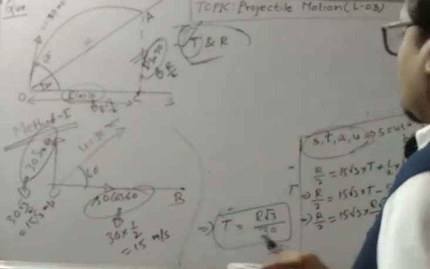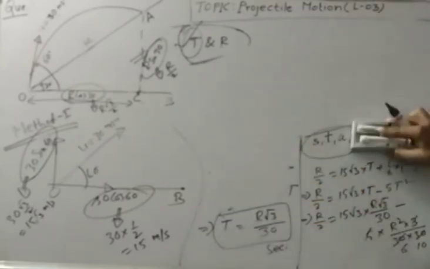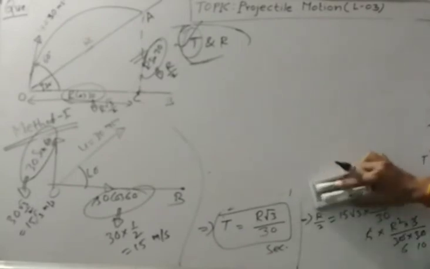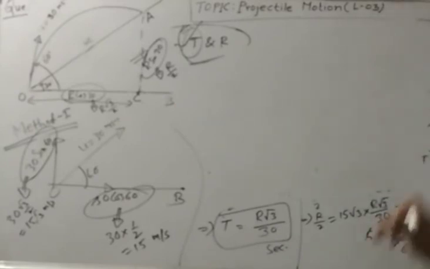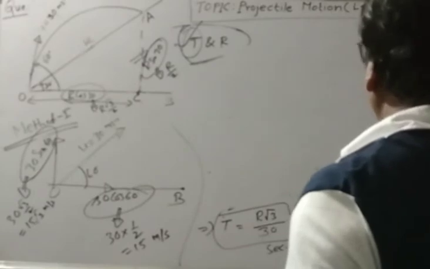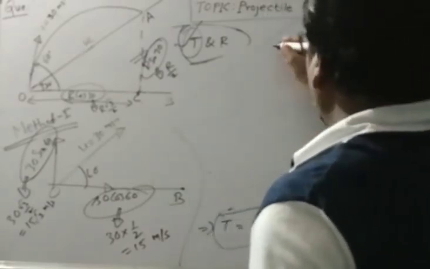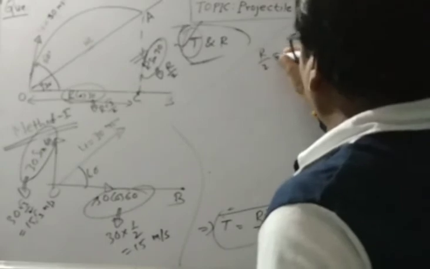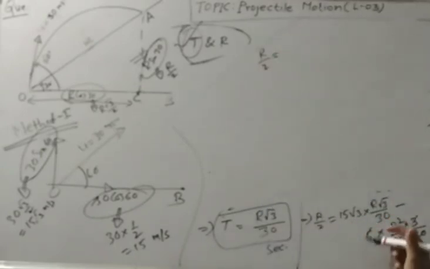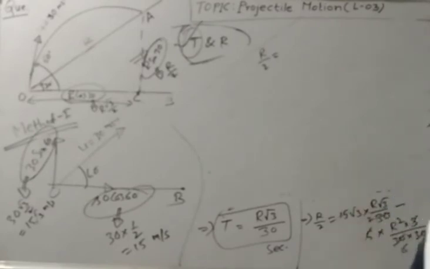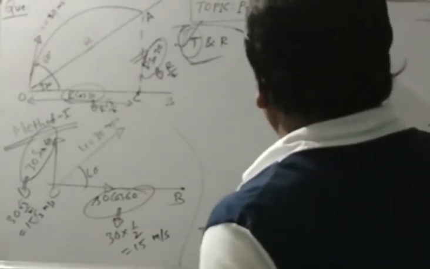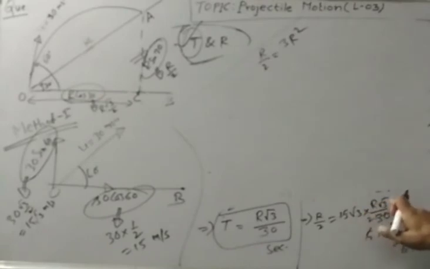So you have T equal to this one and we are calculating R. So from here, R by 2 equals 15 and 30, this is 2, and this root 3 will give you 3. So this is 3R, root 3 times root 3 will give you 3, and this is R upon 2.